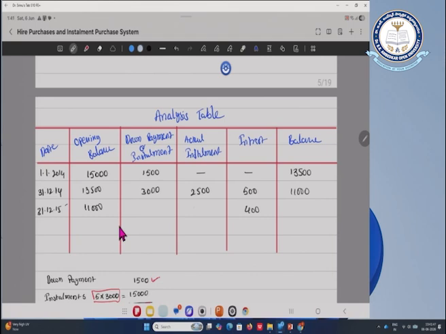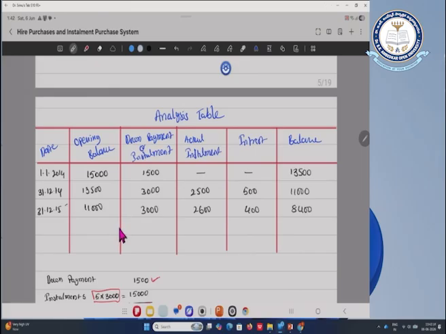Total installment 3,000 rupees. So, 3,000 minus 400, 2,600 actual installment. From 11,000 we have to deduct the actual installment, 2,600. After deduction, 8,400 rupees is the balance.